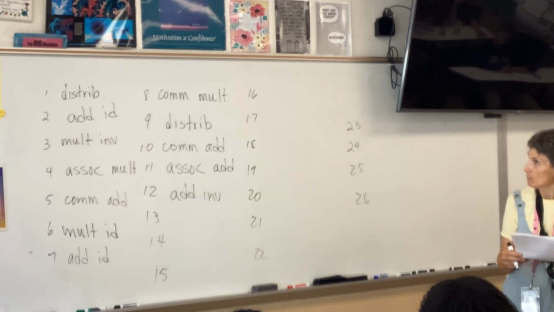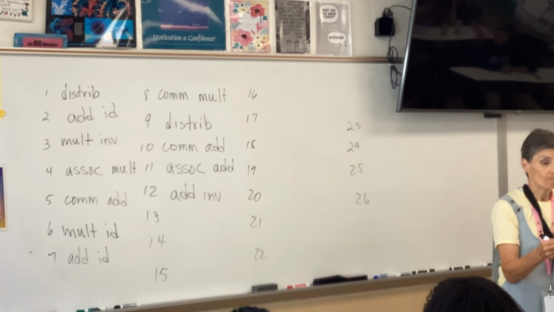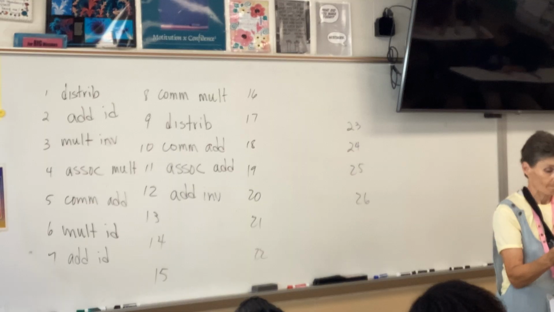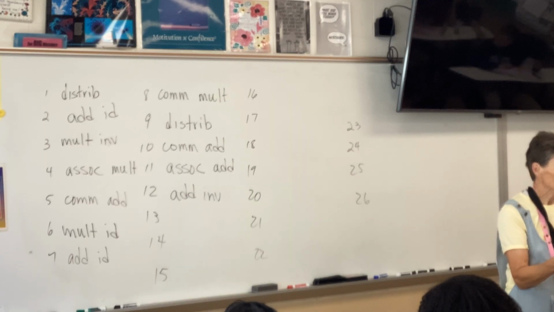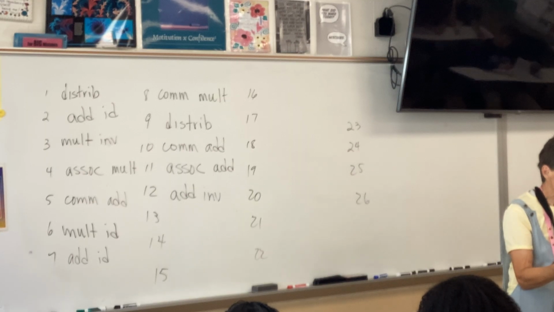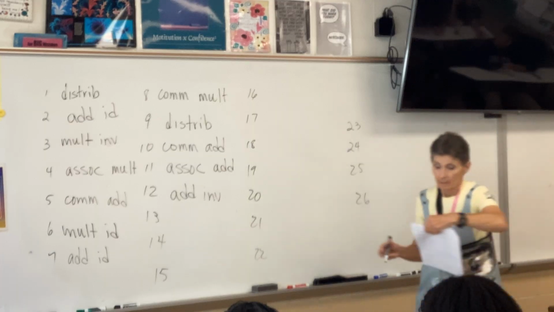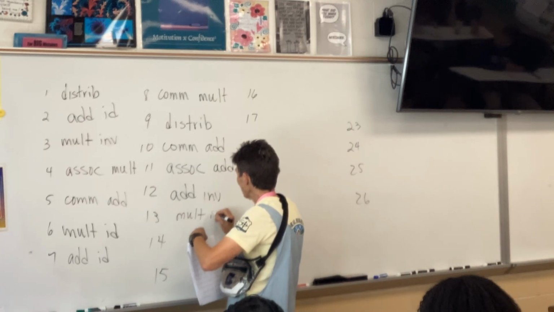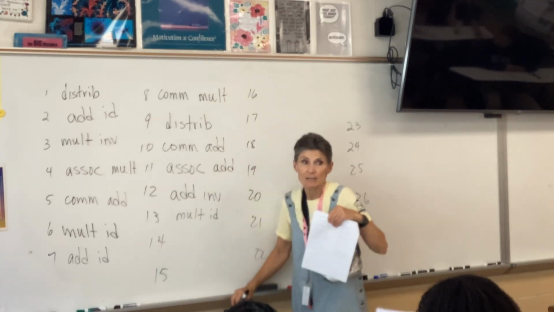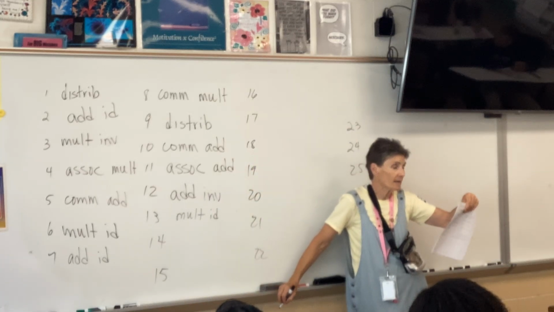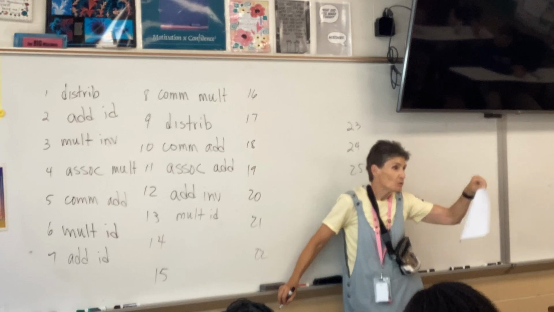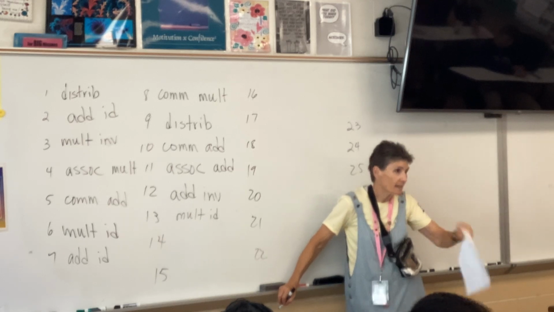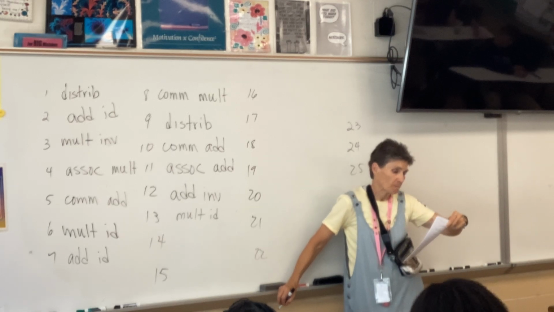Perfect. All right, we're half done. Let's go. Yep, 13 is multiplicative identity because we multiply by 1. When you multiply by 1, you're an identity multiplication.